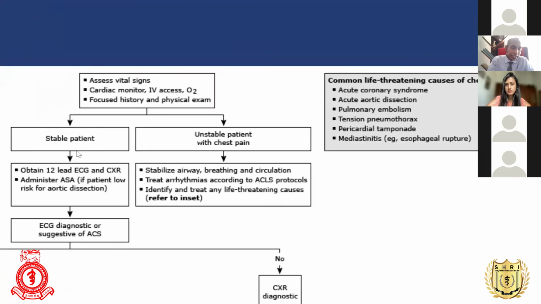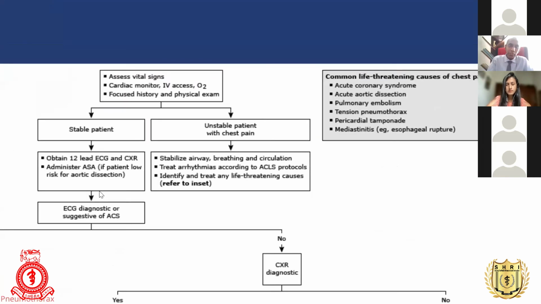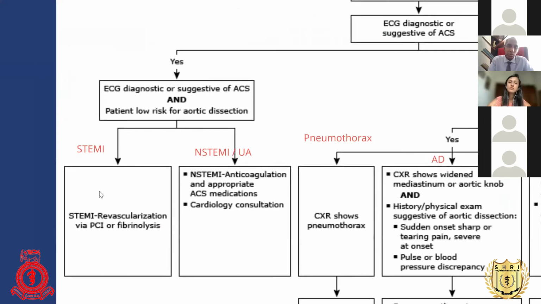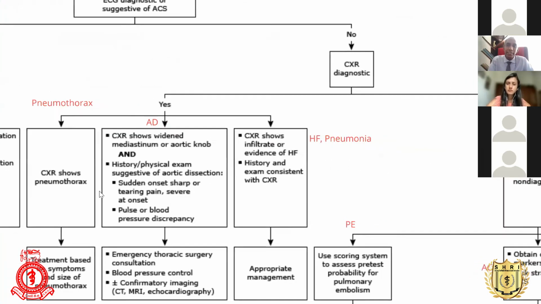If the patient is stable, obtain an early ECG and administer aspirin if the patient is low risk for aortic dissection. The only thing is if you have a high suspicion of aortic dissection, or if the patient has an aspirin allergy, you have to avoid the aspirin. Atorvastatin is not in the proven list now, so it's not considered as a stat dose now.